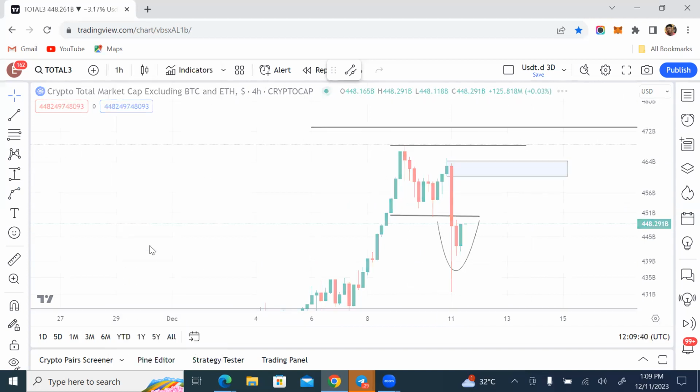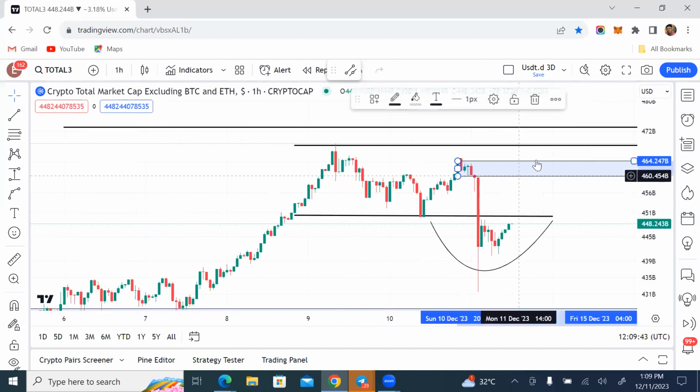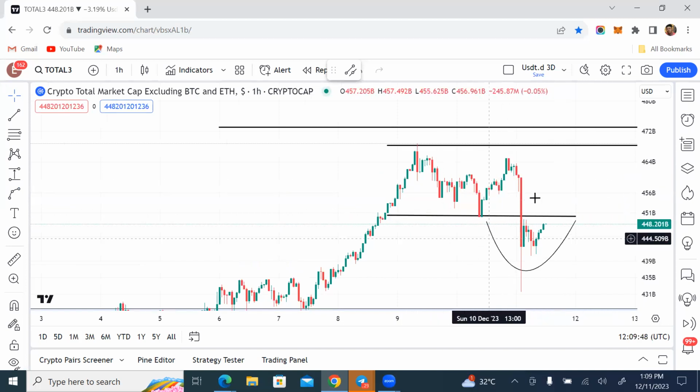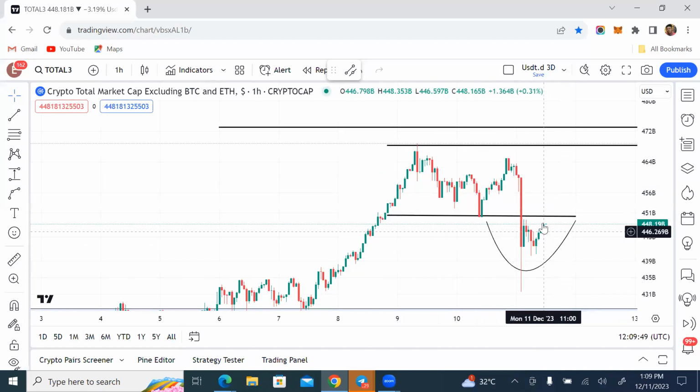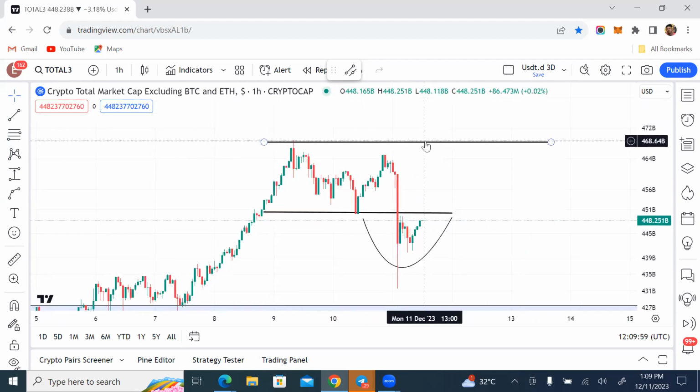I'm just showing you the methodology of these things and how they could play out. And you can see we had a range bound. So assuming price goes back into here, retests this level, goes back again to this range high. These are range low, range high. Let me just put it here.